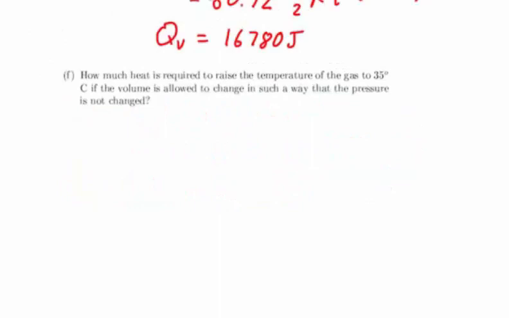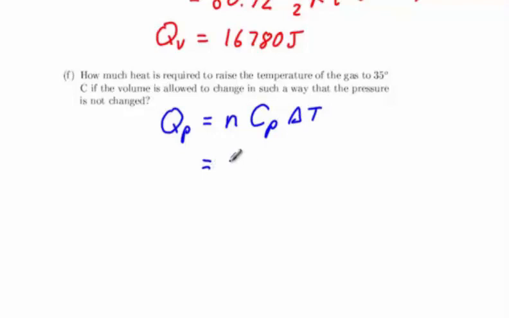If instead we forced the system to have a constant pressure as the heat was added, it's actually going to require more heat in order to achieve the 10-degree temperature change, because the formula for the amount of heat at constant pressure is the number of moles times the specific heat at constant pressure times the change in temperature.